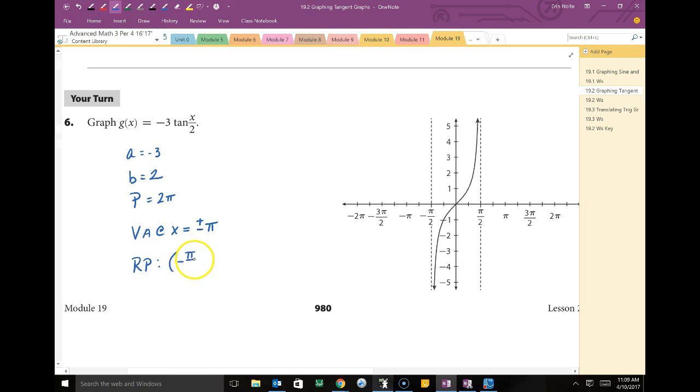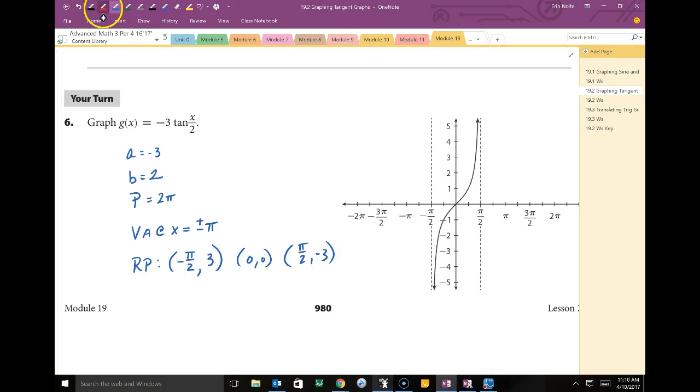Negative pi over 2, so I'm going to the left, halfway between my vertical asymptote and the point. How high do I go? Positive 3, because I'm going up with my left arm up. Good. Second point, 0, 0. Third point, -3, very good.